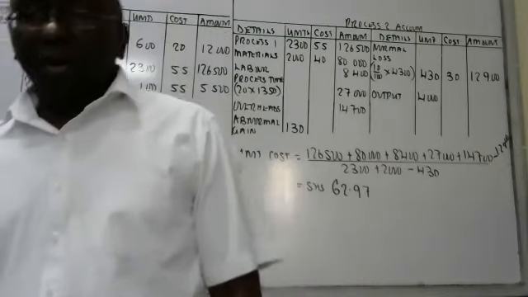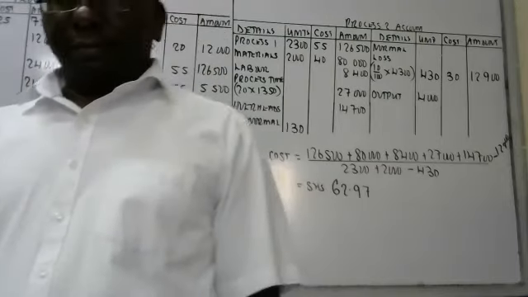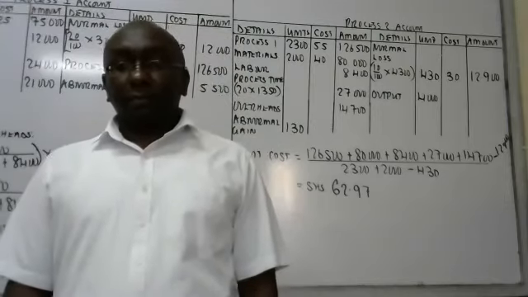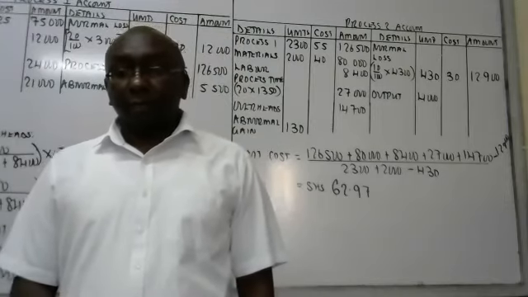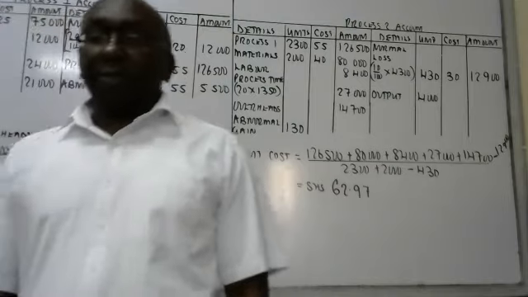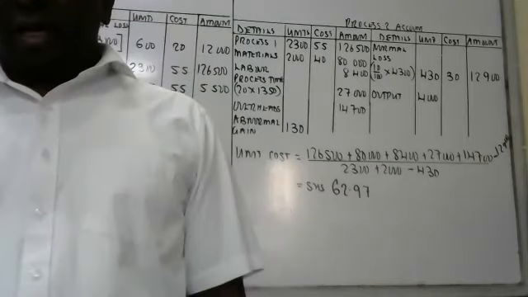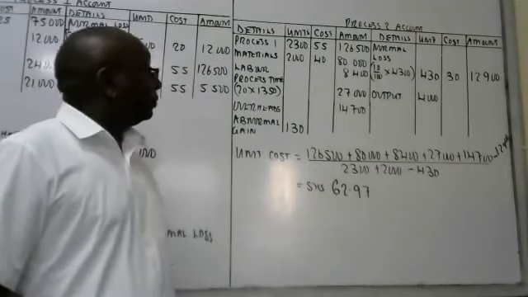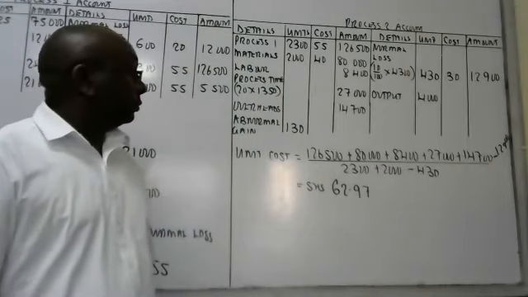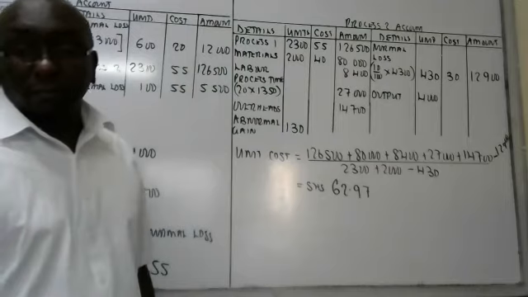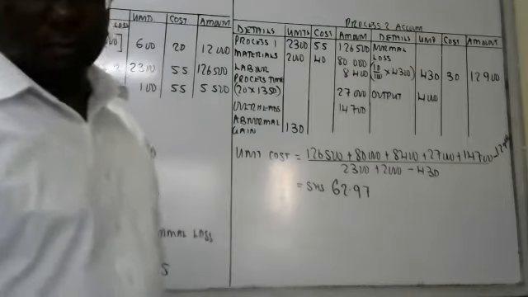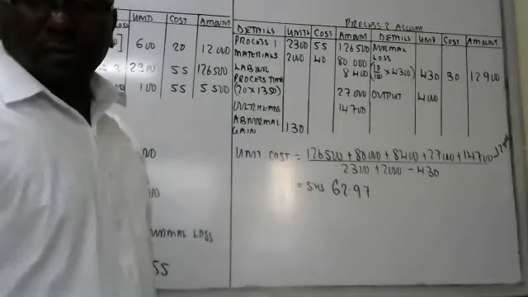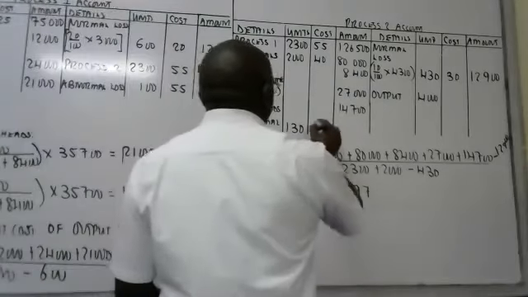Waiting for Maureen and Opio to confirm. Yes, Maureen confirmed 62.97. So that's 62.97.